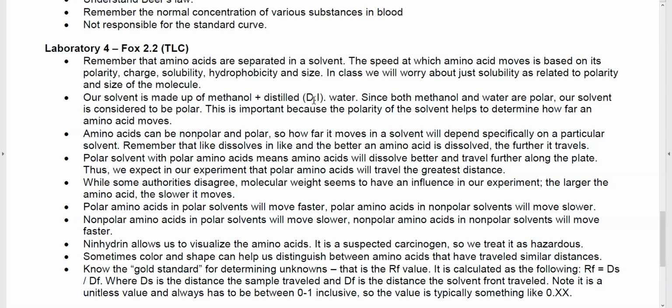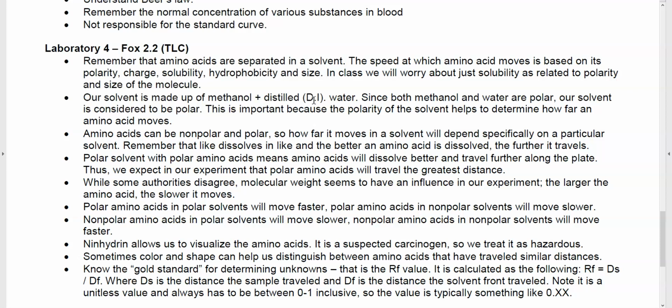We said they're the same size, so size isn't a factor. By our experimental setup, we've gotten rid of that as a possible factor. And so the only thing that can be different is that A is more soluble because it moved farther. And so we would say, okay, A is probably more polar because we had a polar solvent. So A is more polar than B.